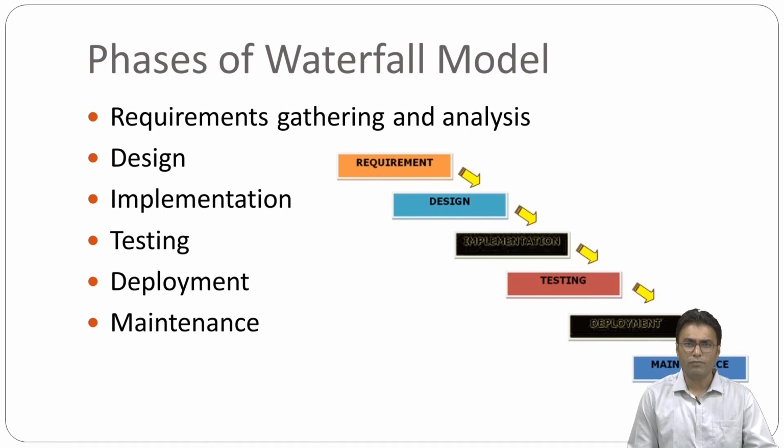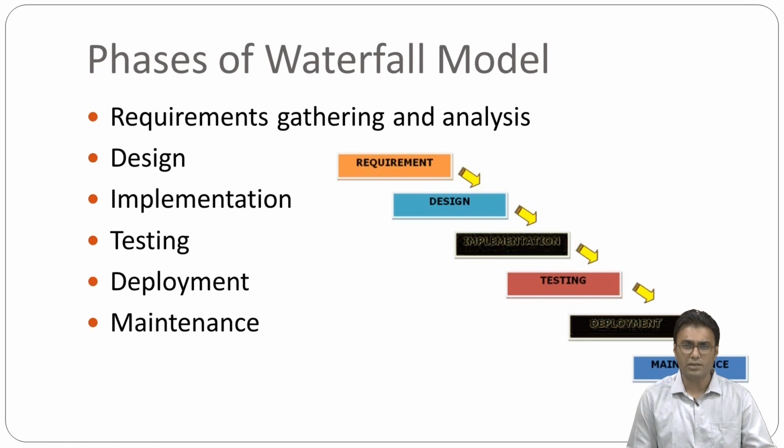If we talk about requirements gathering and analysis, its first phase involves gathering requirements from stakeholders and analyzing them to understand the scope and objectives of the project. Then design means once the requirements are understood, the design phase begins. Actually, this involves creating a detailed design document that outlines the software architecture, user interface and system components.